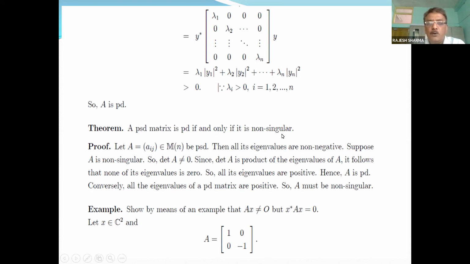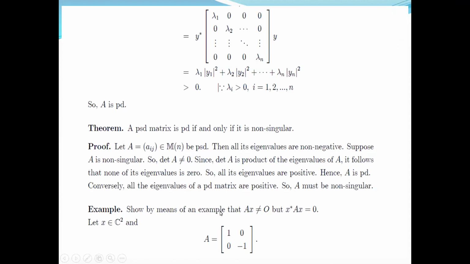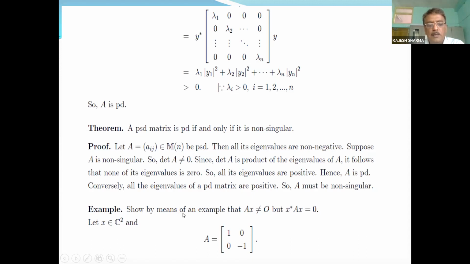So if no eigenvalue is equal to 0 and the matrix is positive semi-definite, the eigenvalues are all positive, so the matrix is going to be positive definite. Conversely, if the matrix is positive definite, all its eigenvalues are greater than 0, its determinant is greater than 0, so it is non-singular. Clear this theorem? Yes, sir.